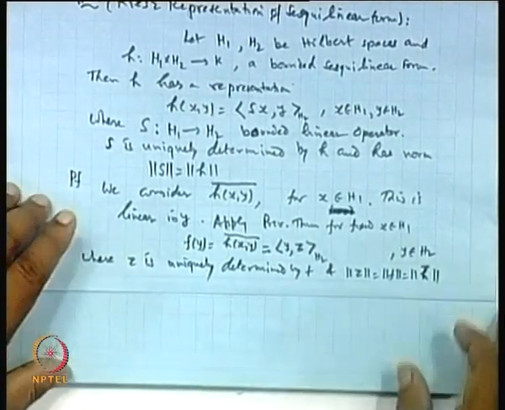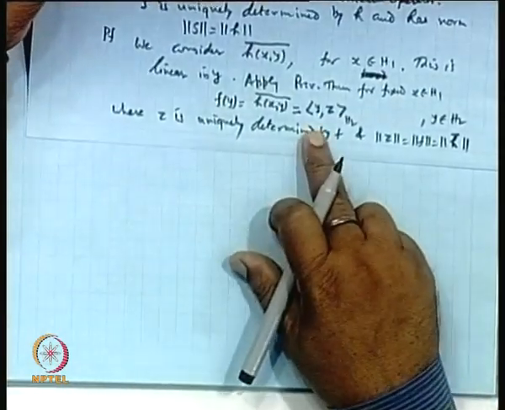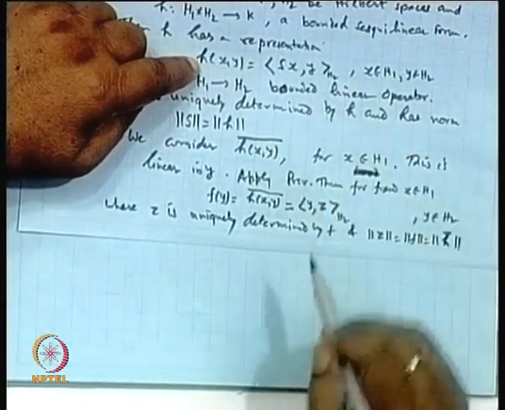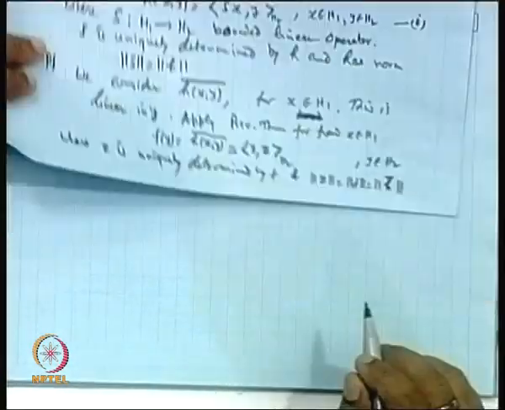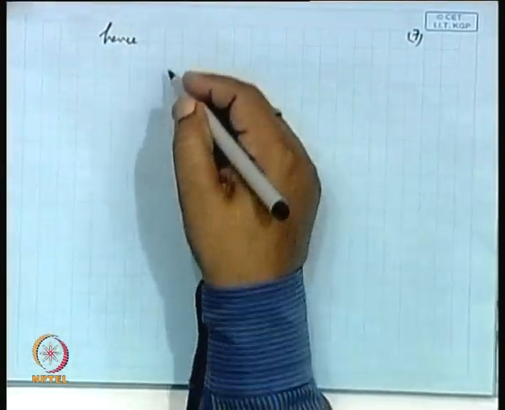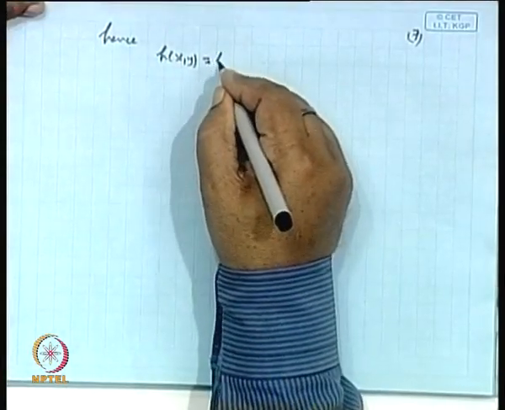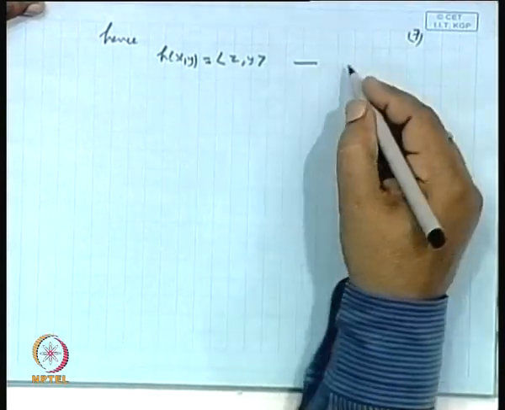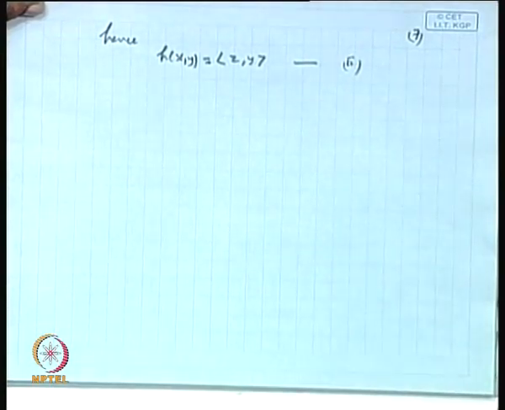Now, if we look at this part, y comma z, and our representation, what is our H of x, y? Hence, we can say the represented conjugate of H of x, y is coming in the form of z, y. Let it be this equation, say (i).